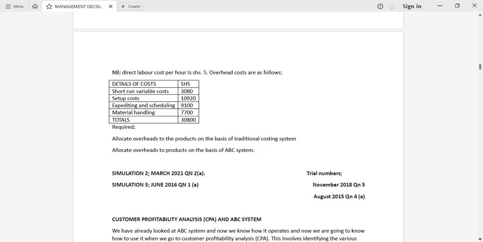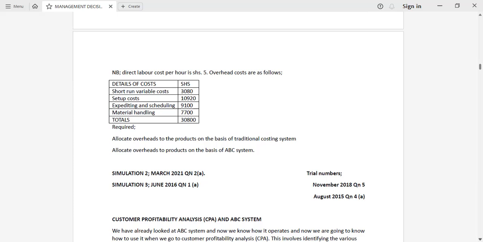Then we have setup costs, expediting and scheduling, and material handling. We have the total. Then the required says: allocate overheads to the products on the basis of the traditional costing system, and the other one is to allocate overheads to products on the basis of the ABC system.